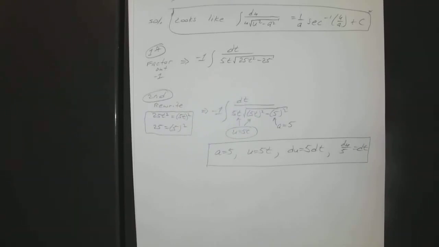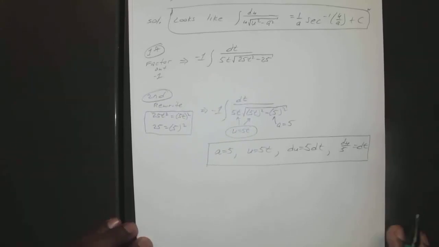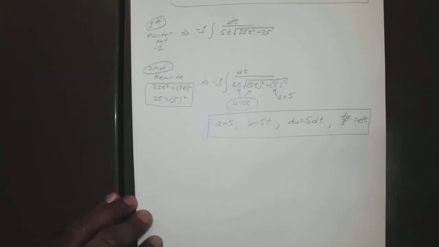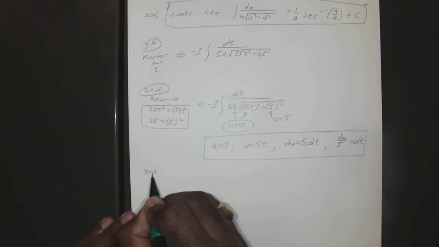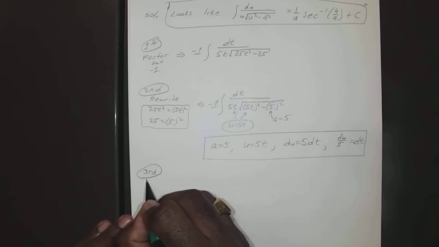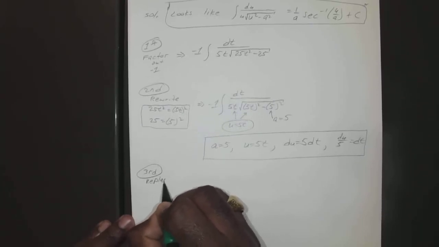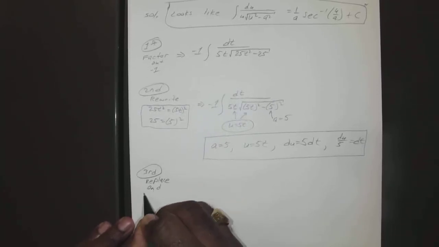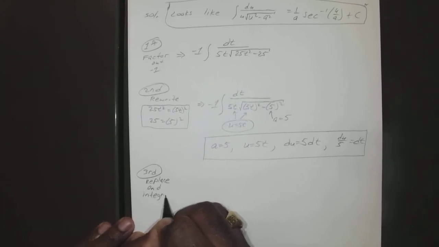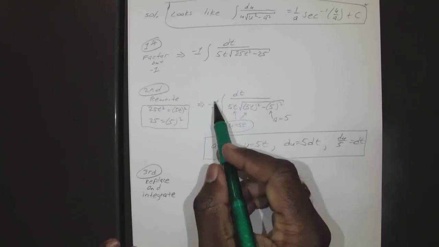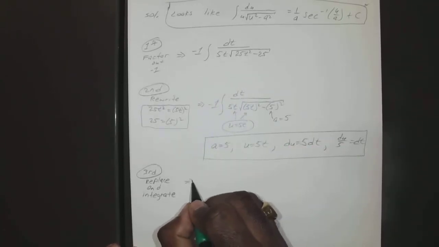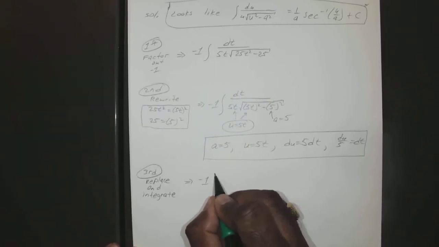Okay. Which takes us to our third step, replace and integrate. Move that up a little bit. I should have enough room. Okay, so now we just go ahead and start replacing what we need.